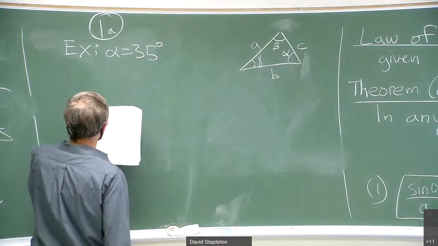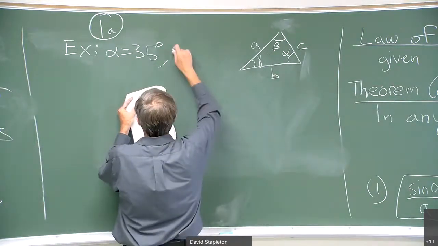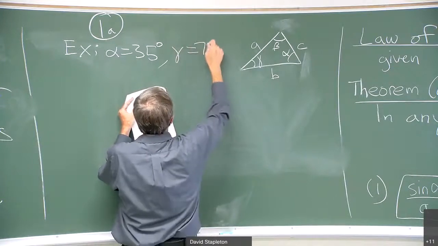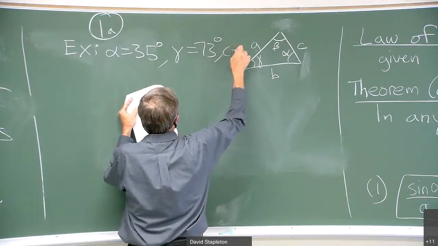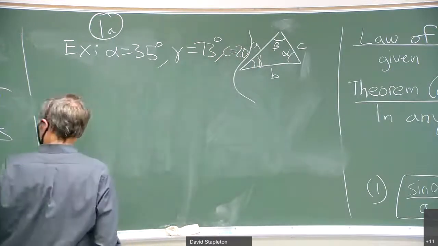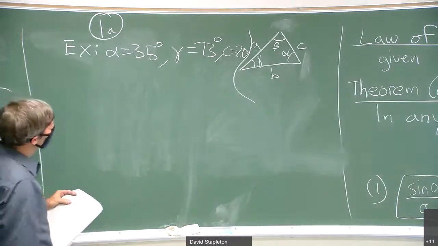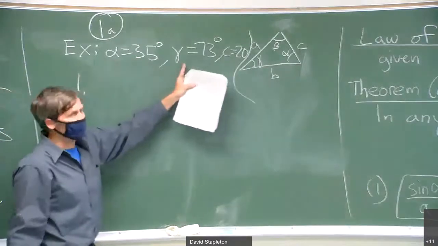That long-winded approach aside, let me write out the problem. Alpha equals 35 degrees, gamma equals 73 degrees, and C equals 20. We don't know if it's the longest side, it might not be. All right. What's the rule? As soon as you know 2 angles, use the sum of angles theorem.